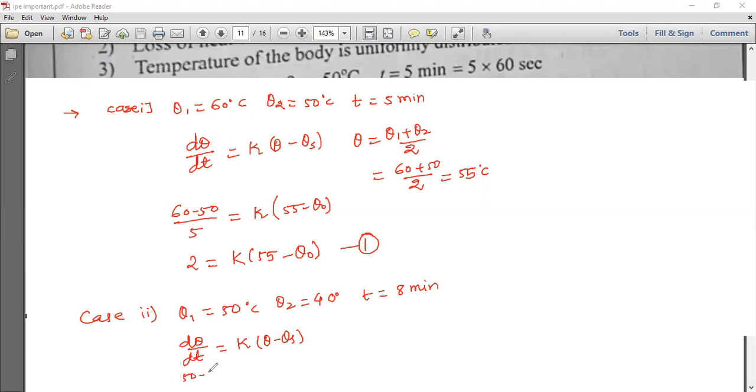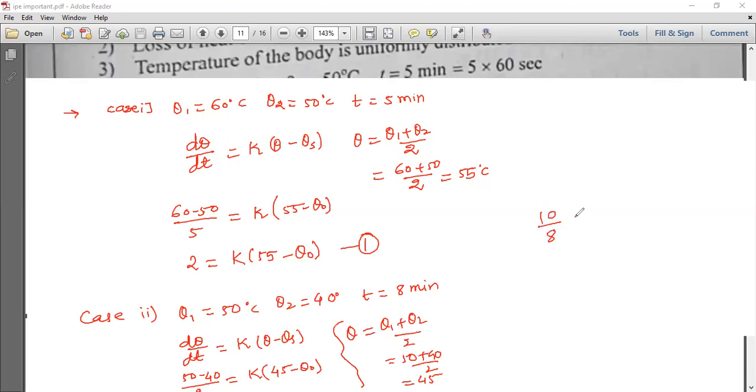Again 50 minus 40 by 8 minutes is equal to k into, this is 50 plus 40, 90 by 2, means 45, minus θ naught, right. θ average is what? θ1 plus θ2 by 2, which is 50 plus 40 by 2, which is equal to 45, right.